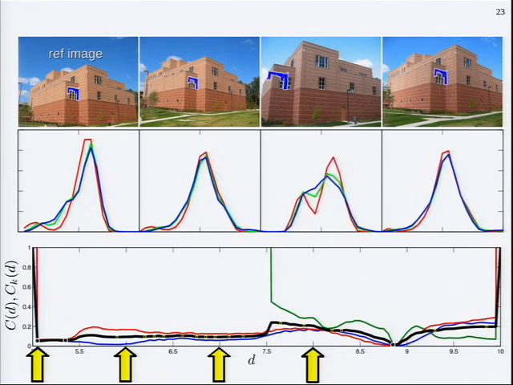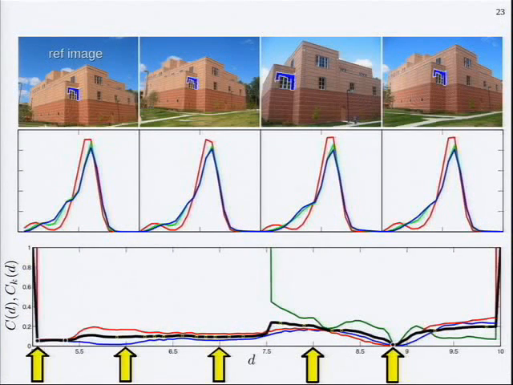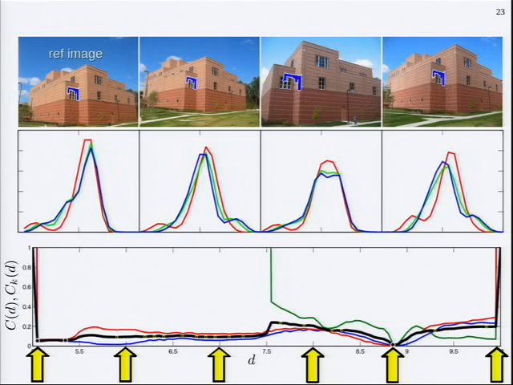When we move further, you see now this projection appears here, but it is still not at the correct position. Let's go further. Now we have all the projections at the correct position where they should be, and this is also indicated by the minimum of our composite photoconsistency measure. If we overshoot this correct depth, we again have some misalignment of the projection, and this is also indicated by a change in the histograms.